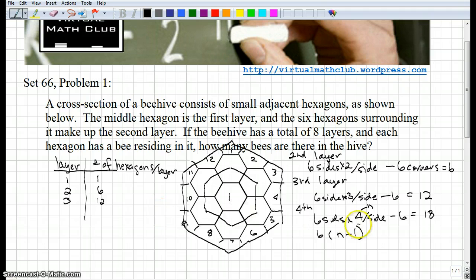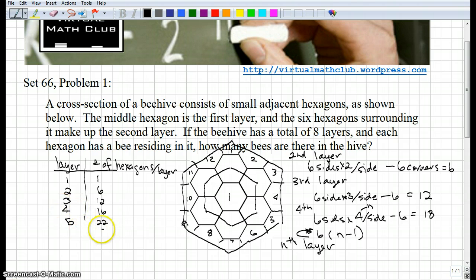So for all of the other layers, I could write this as the nth layer, and this equation would hold: 6 times n minus 1. So the 4th layer has 18, the 5th layer would have 6 more, which would be 22, okay?